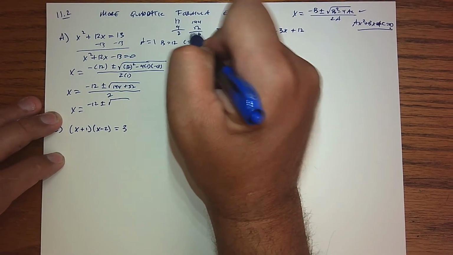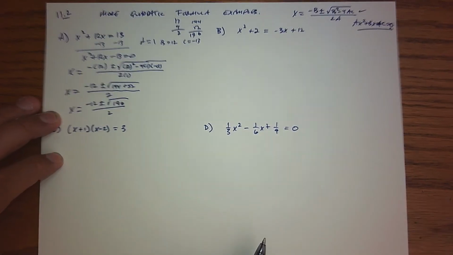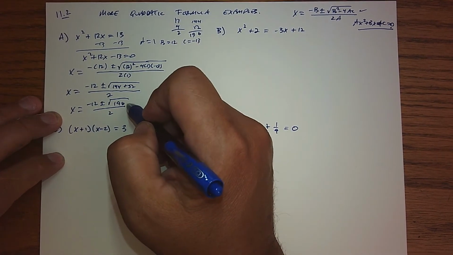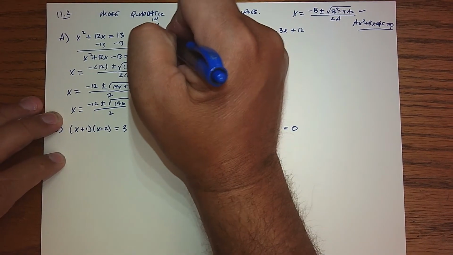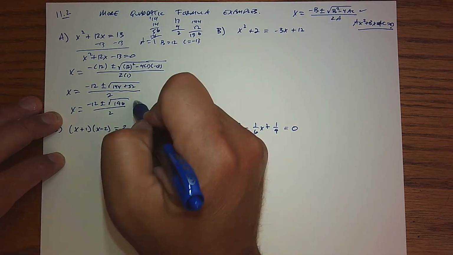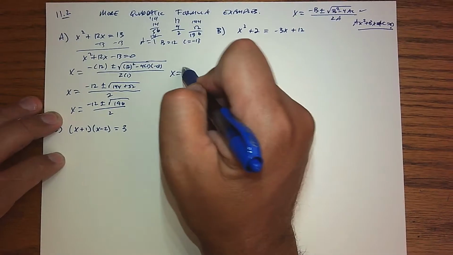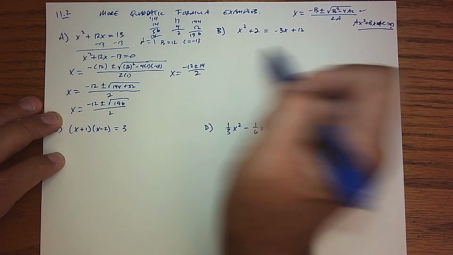That's 196, all over 2. And I believe the square root is actually 14. Let me double check that. 14 times 14: 4 times 4 is 16, carry the 1, and 14, yep, 196. So we get x equals negative 12 plus or minus 14, all over 2.